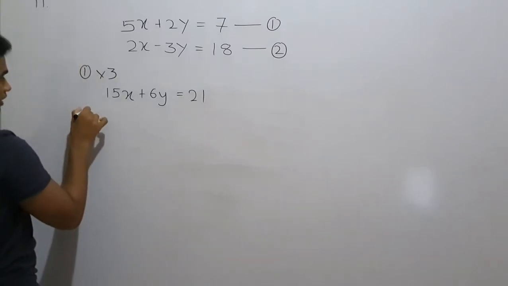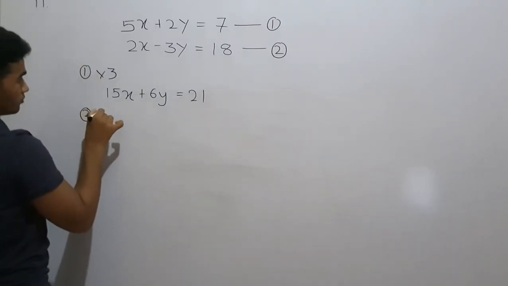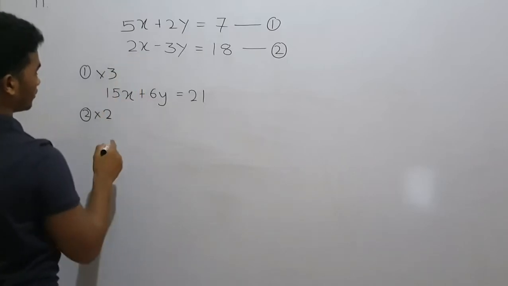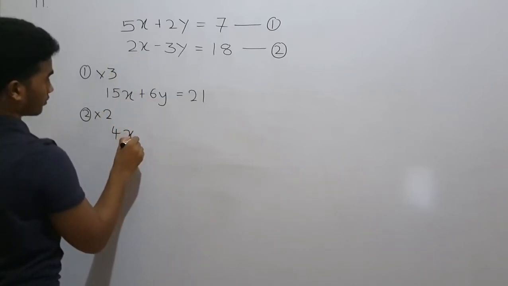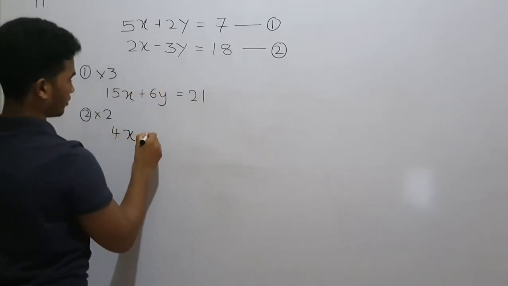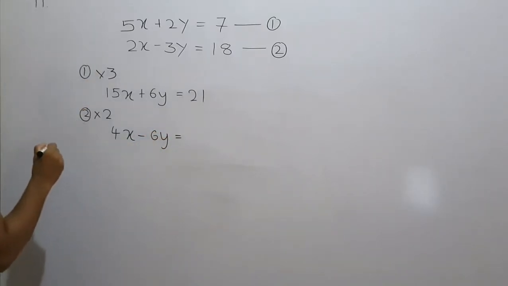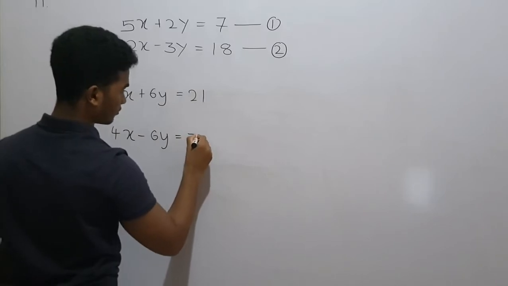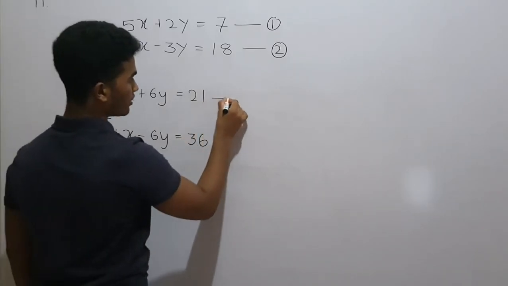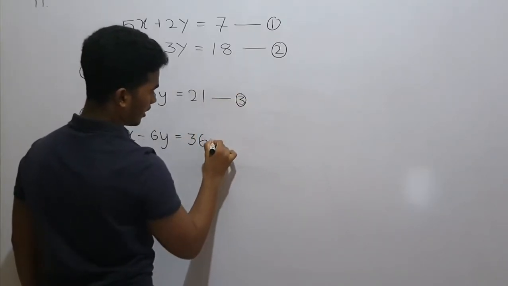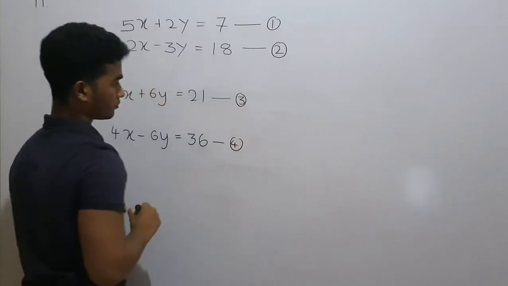Similarly, second equation by 2: 2 into 2 is 4x minus 6y equals 36. So this is our equation 3 and equation 4.